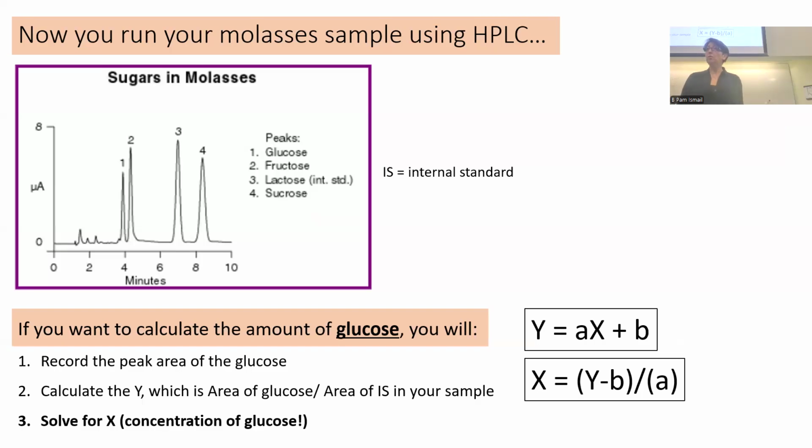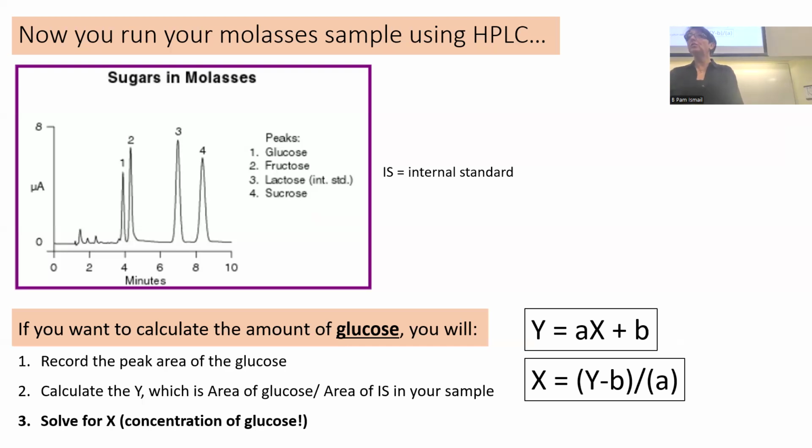We're good? Following? Okay. So just to recap, internal standard is added in all external standards and samples and used to correct for any sample preparation error. However, if you don't have an external standard, you cannot plot an external standard curve to quantitate.